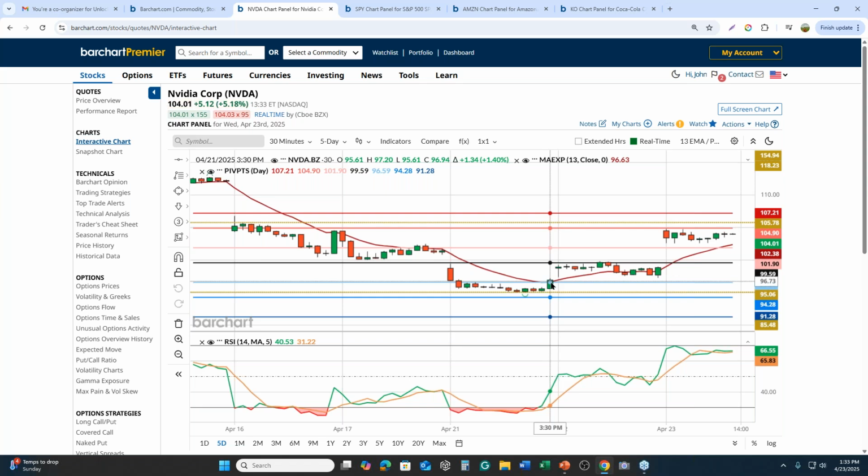So you can use this also as a risk assessment. The other thing we get is what we call our floor trader pivots. And these are based on yesterday's price action, and they're going to give you levels of support and resistance. In this case, pink above is resistance and blue below is support.